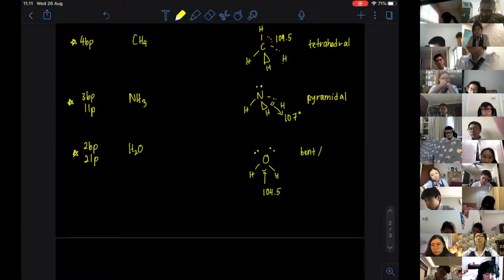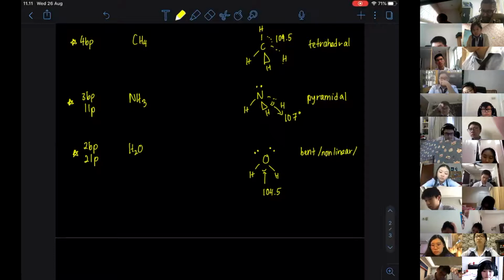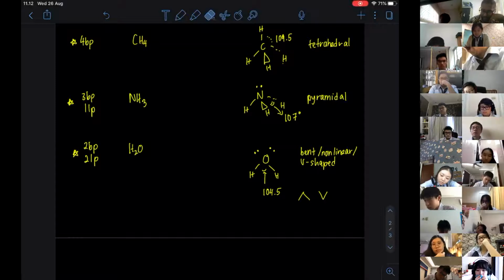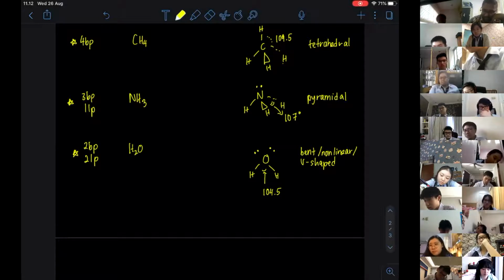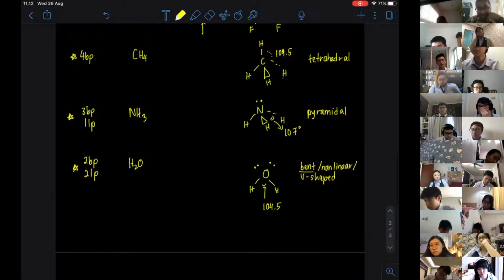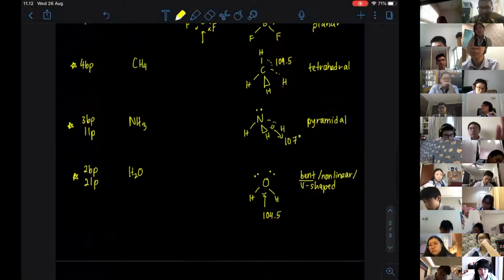In your syllabus, there are 3 terms accepted: bent, non-linear, or V shape, the V that is flipped. Which one do I want you to follow? I prefer you to write bent. These are the variations.